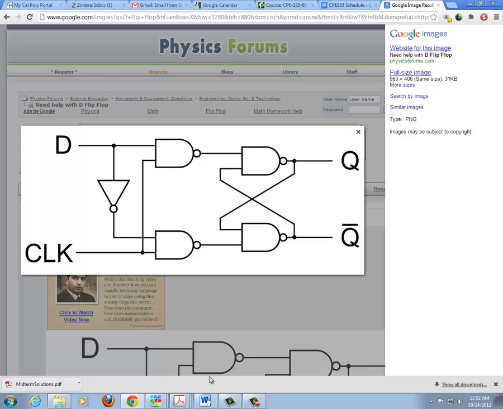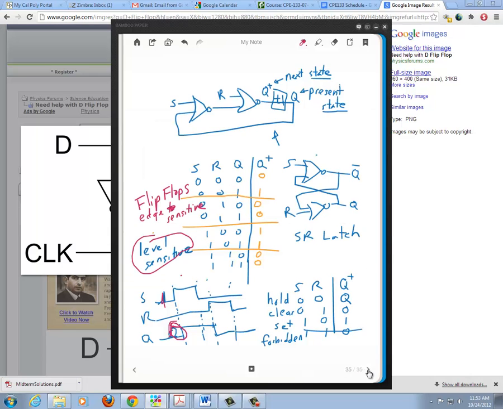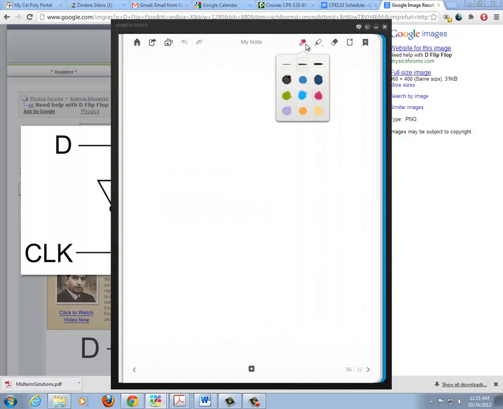Alright, so let's further examine this D flip-flop. Remember, we described the SR latch with a circuit diagram and then also with a present state, next state table, an excitation table, and a block level diagram. So let's go ahead and do that for the D flip-flop. I'll bring up the bamboo paper, new page. Okay, so our D flip-flop is going to be modeled with a black box diagram with an input D, output Q, which we show with a bubble.